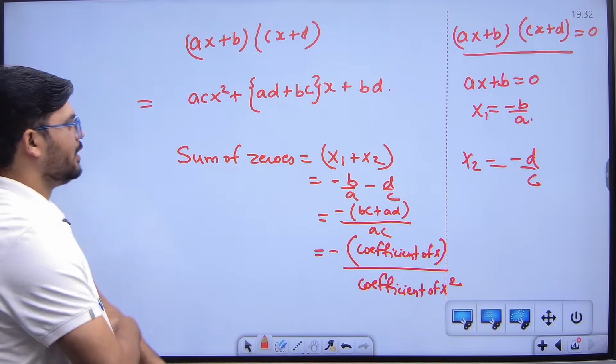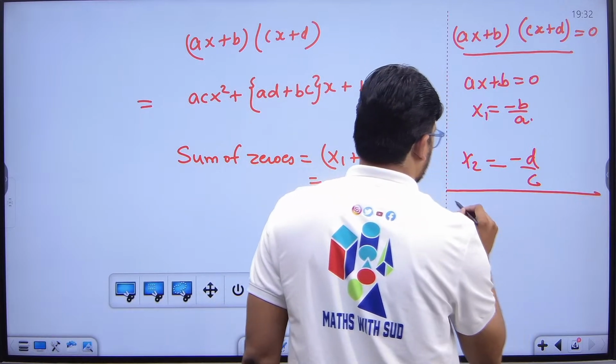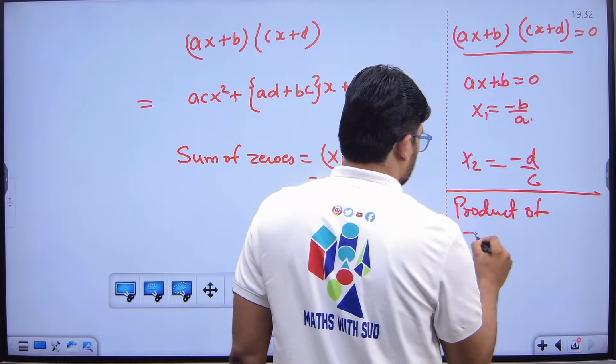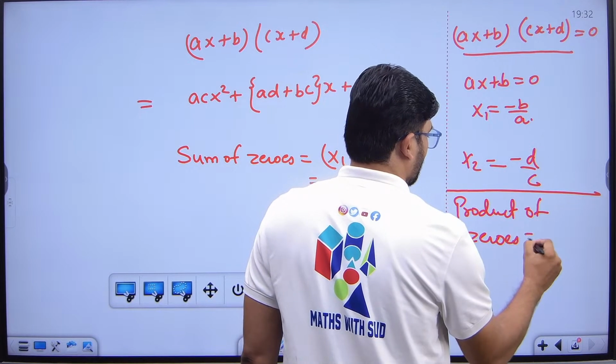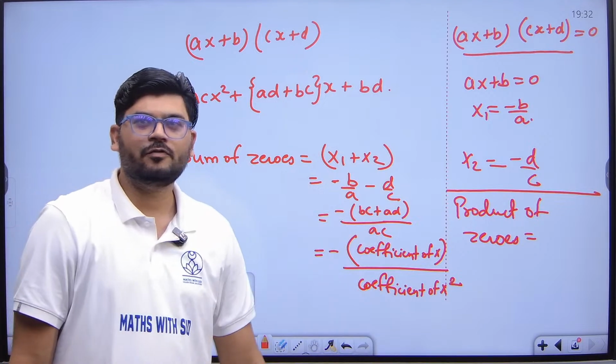Almost. Okay. Now can you tell me what will be the product of zeros? Multiply them and tell me what you will get.